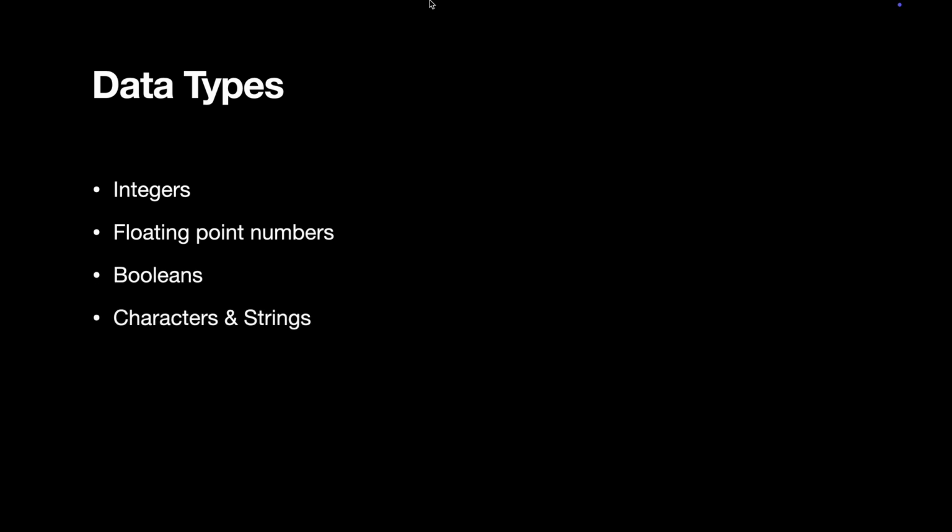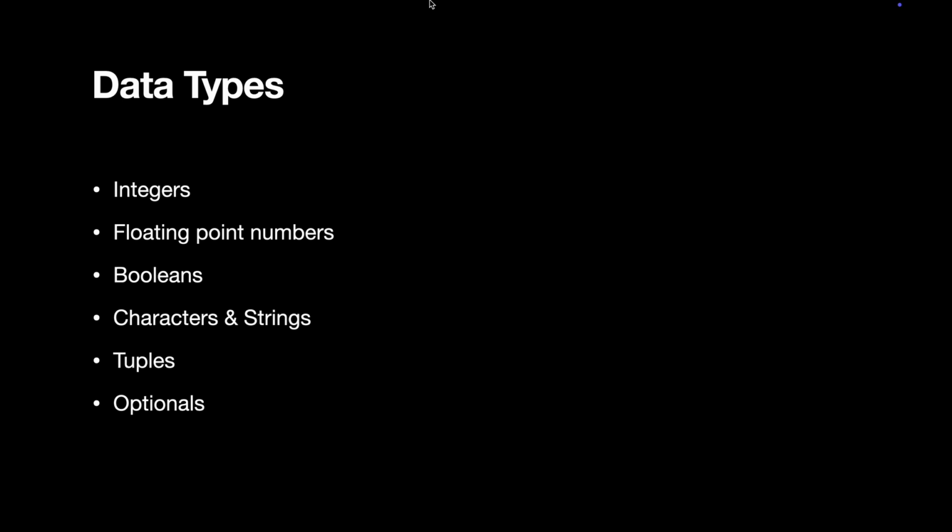So again, we have different kinds of data types, and these are integers, floating point numbers, booleans, characters and strings, tuples, and optionals.